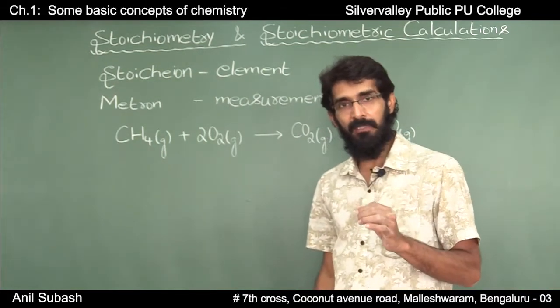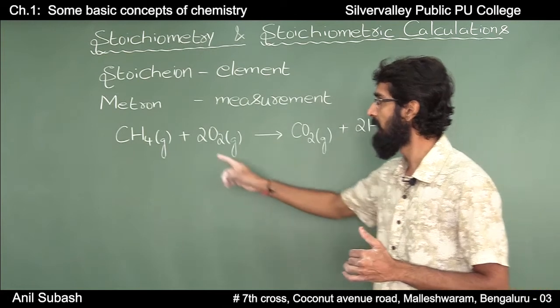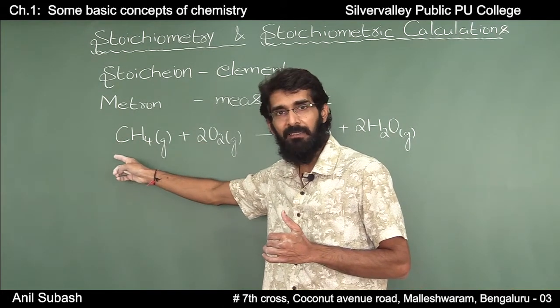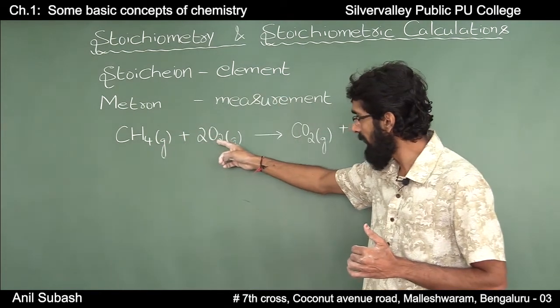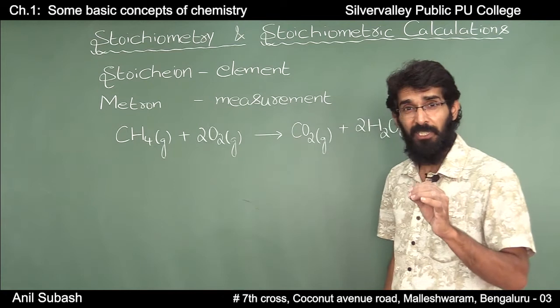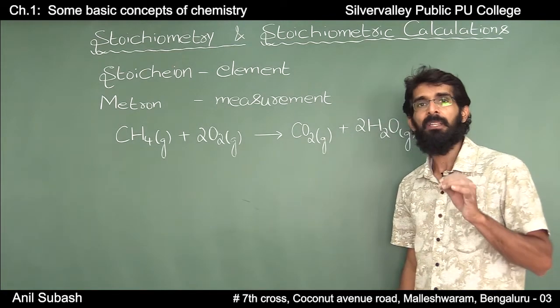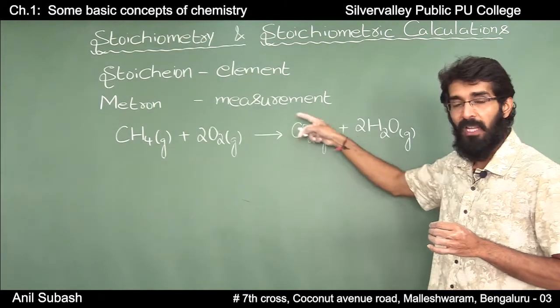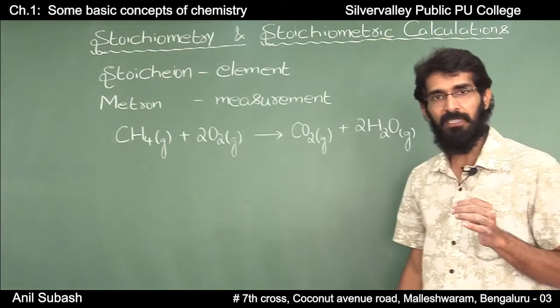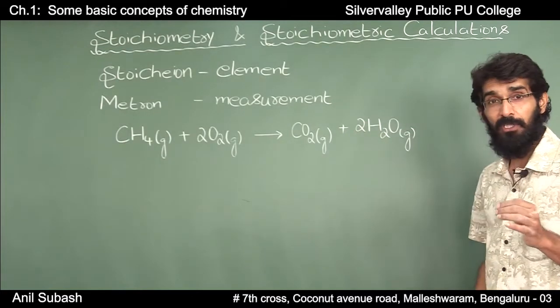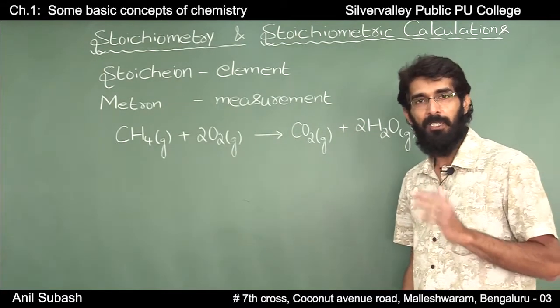According to this equation, 1 mole or 1 molecule of methane combines with 2 moles or 2 molecules of oxygen to give 1 mole or 1 molecule of carbon dioxide and 2 moles or 2 molecules of water.